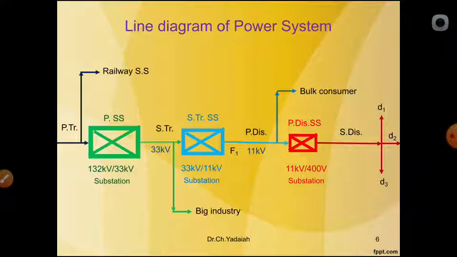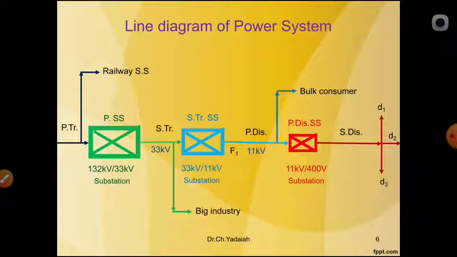Now we can see feeder F1 here, and sometimes bulk consumers, like rice mills, oil mills and cotton mills, directly take 11 kV as an input for their factories.